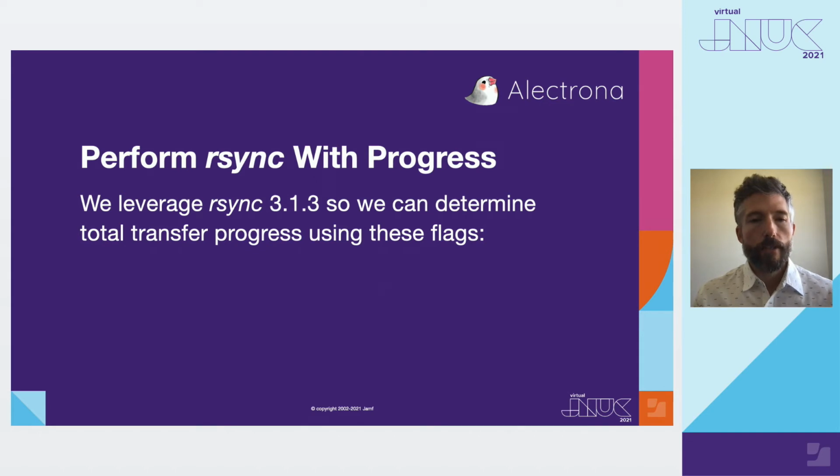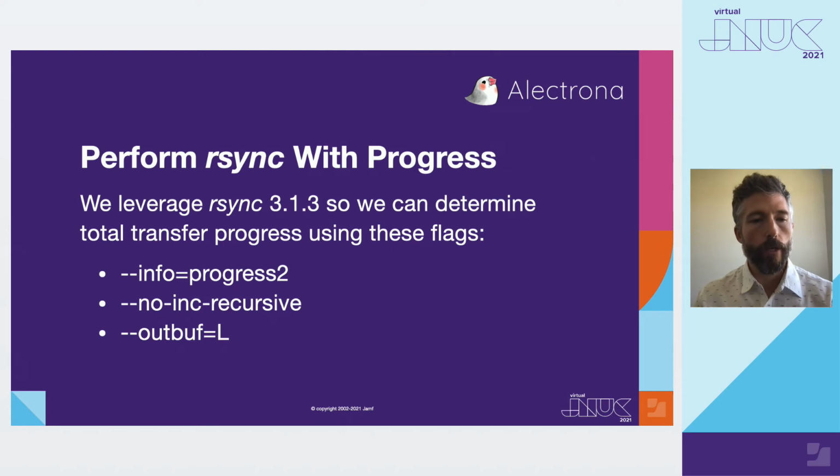And then the next step is to perform the Rsync with progress. The reason why we leverage Rsync 3.1.3 is because we can get the total progress of the transfer using these flags. So we use --info=progress2, --no-inc-recursive so that we don't delve too far into the transfer.